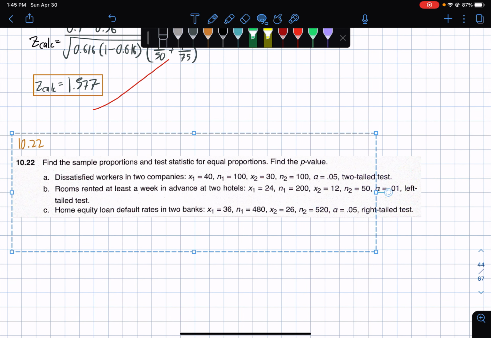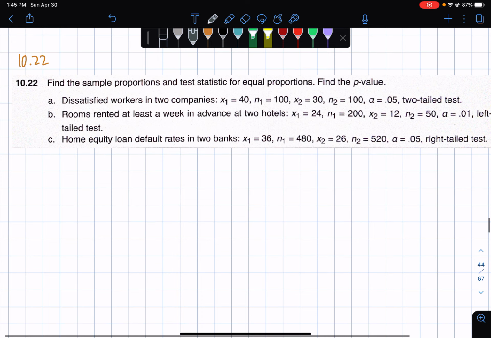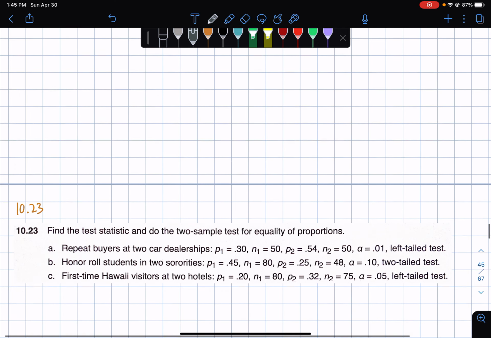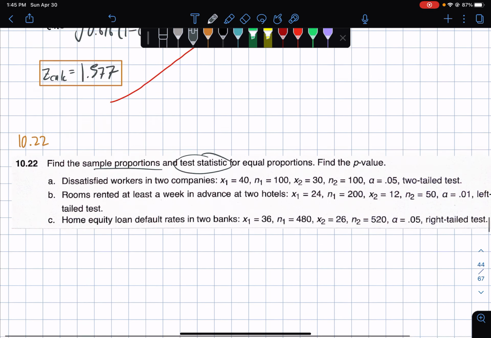Let's try out this one. Find the sample proportions and test statistic for equal proportions. I'm not sure though how to find this one, but this is what we'll do primarily. Does it have the same instructions as 10.23? They're different.